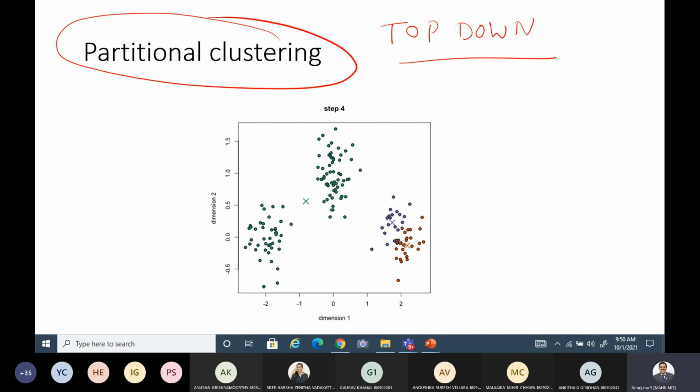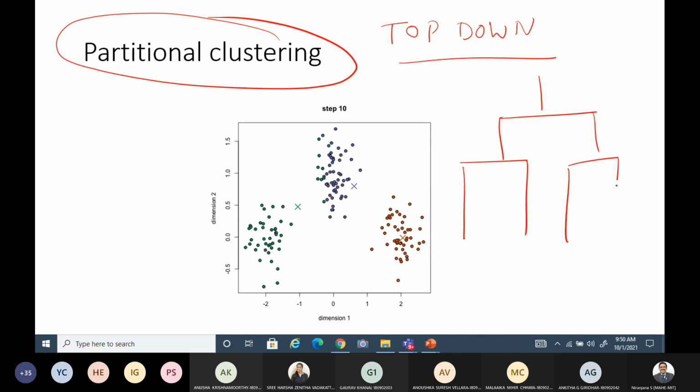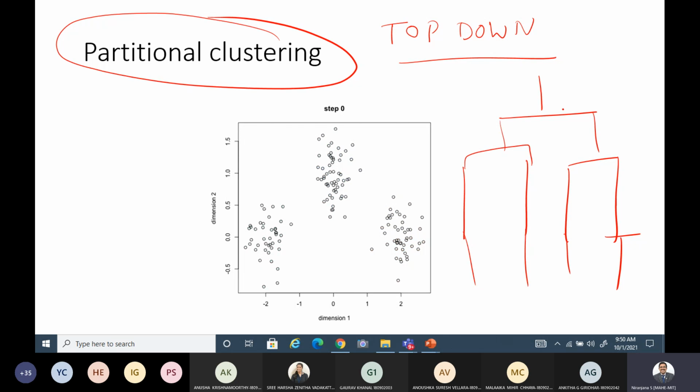It depends on what you want to do in the grouping, that decides where you want to stop in your hierarchy. So this partition algorithm also will help you to grow a tree. That is what I was telling in the beginning. You can develop a tree here. You can decide at what level you want to have 2 groups.